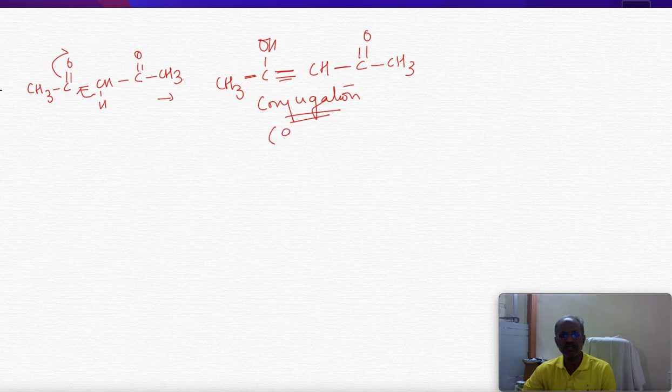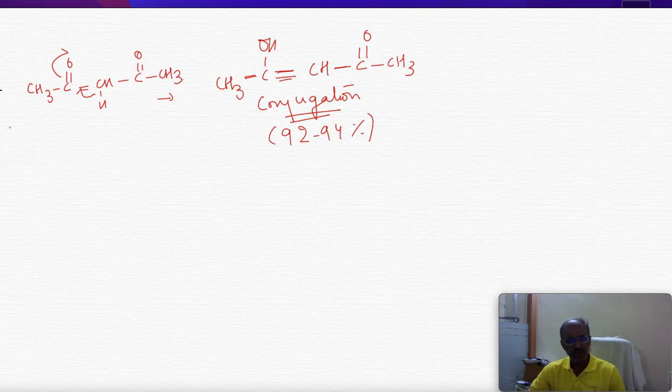It predominates normally, 92 to 94% is the enol form, and this is hardly 3 to 6% diketone, right?